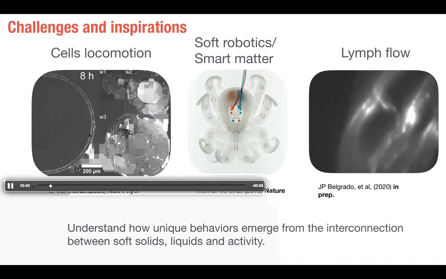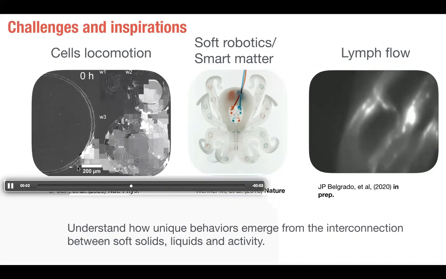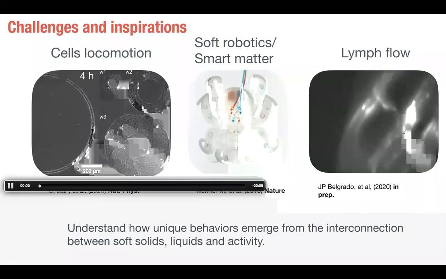But this is not only occurring in biology. For example, in engineering right now, there are a lot of new topics being developed concerning smart matter or soft robotics, where those three topics are also gathered together and where we need to better understand what happens once they are interacting with each other.